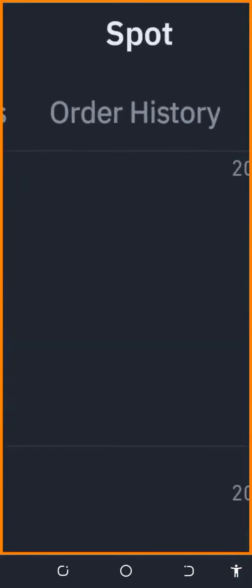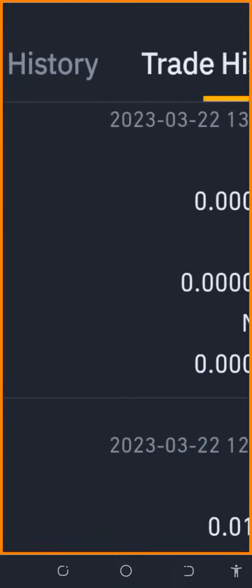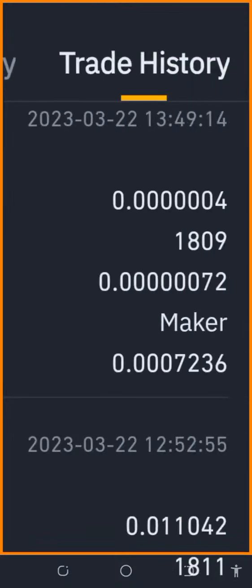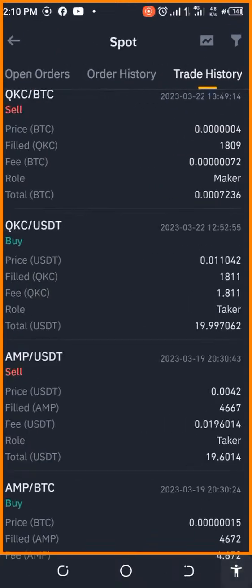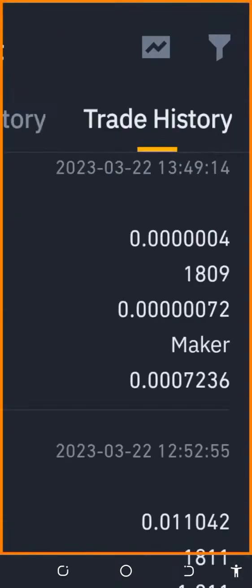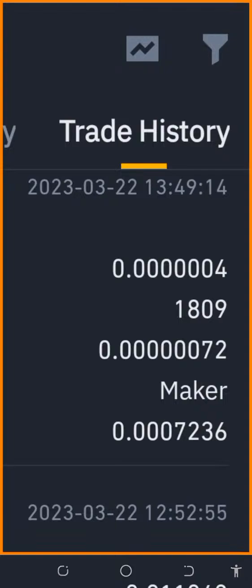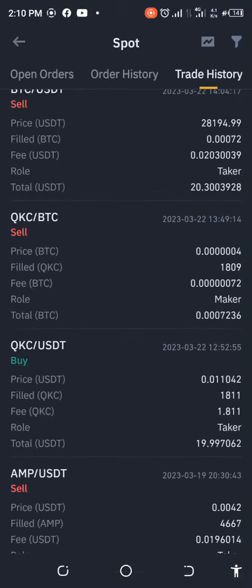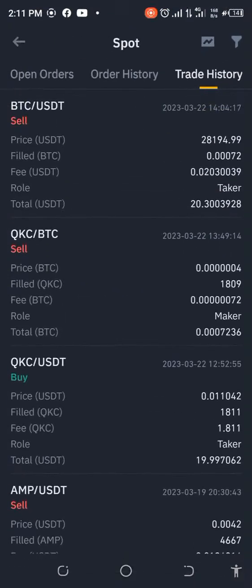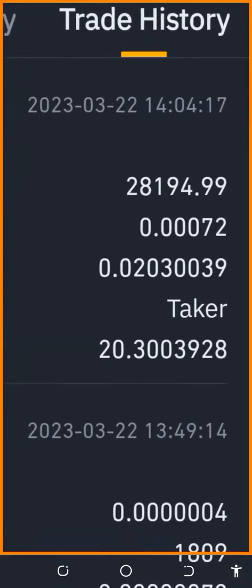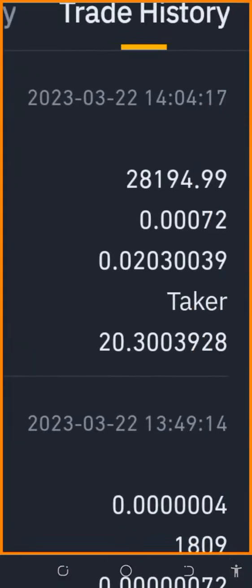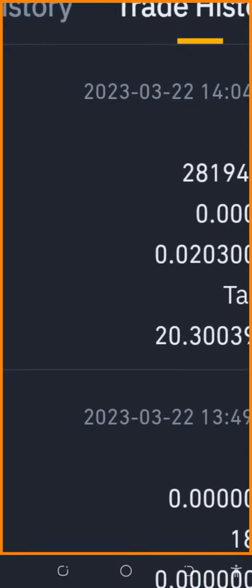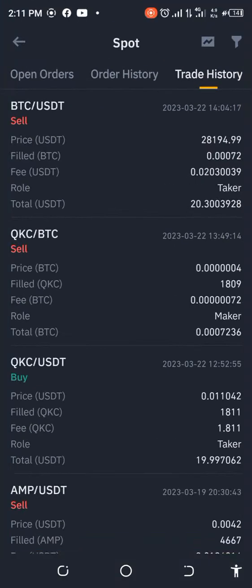Then after that, we sold that amount to BTC and we got 1809. Then we sold our BTC and we actually got 20.30. Interesting.